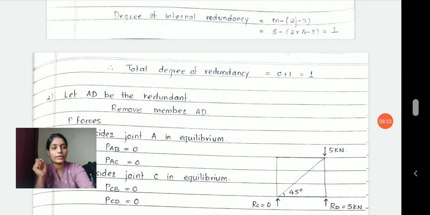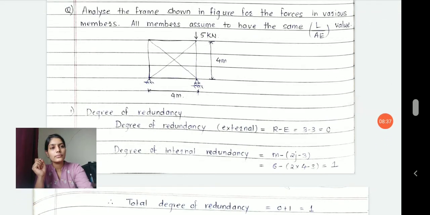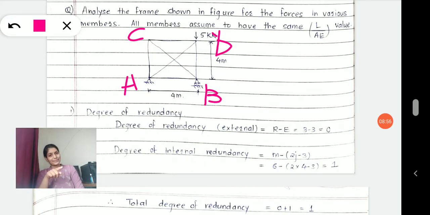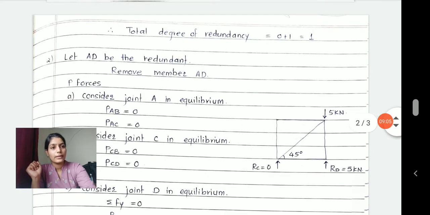Namings are like this: A, B, C and D. Like this they have named it. I forgot to write it, therefore slight confusion occurs here. And we want to take AD as a redundant.